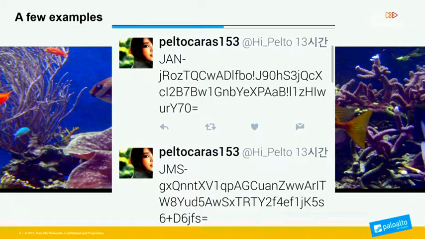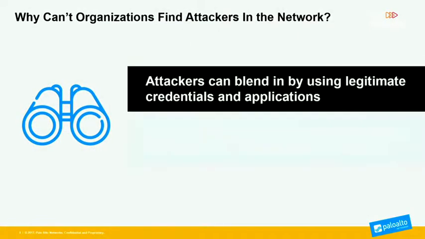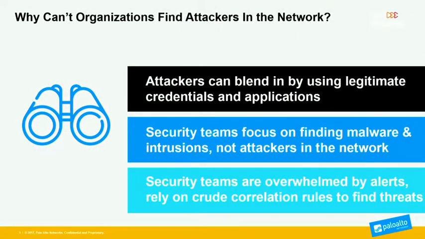You need something more. So the three reasons why companies usually don't catch the attackers already lurking in the network: first, they can already have legitimate credentials and use legitimate software, so they look like your users. Second, you still focus on the malware part, the first three parts. That's where we have been familiar putting the money and effort, in buying a new antivirus, a new hardware firewall, or signature updates.